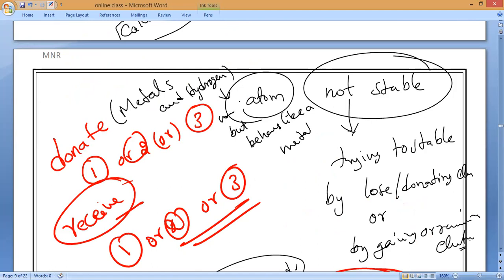That is why I am writing hydrogen also. Don't get confused. Even though hydrogen is a non-metal, it is considered a metal, because it always loses the electron. So metals will donate the electrons, and non-metals will accept or receive the electrons.